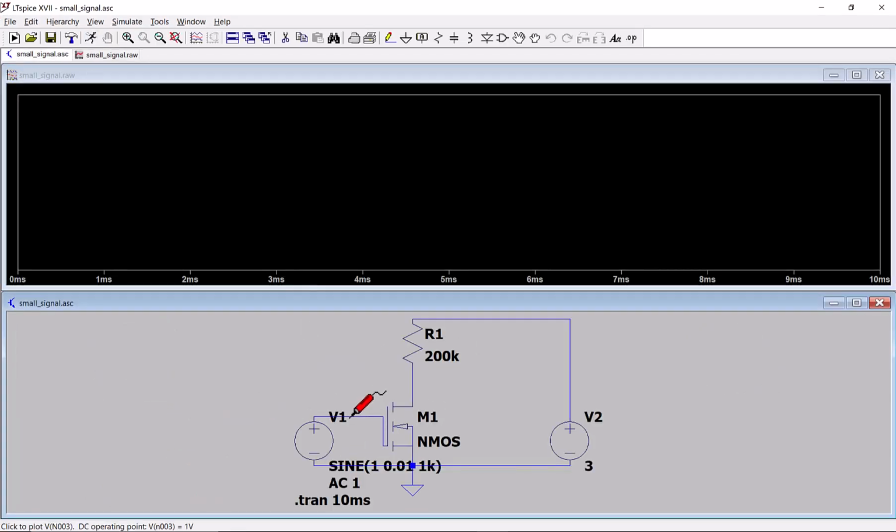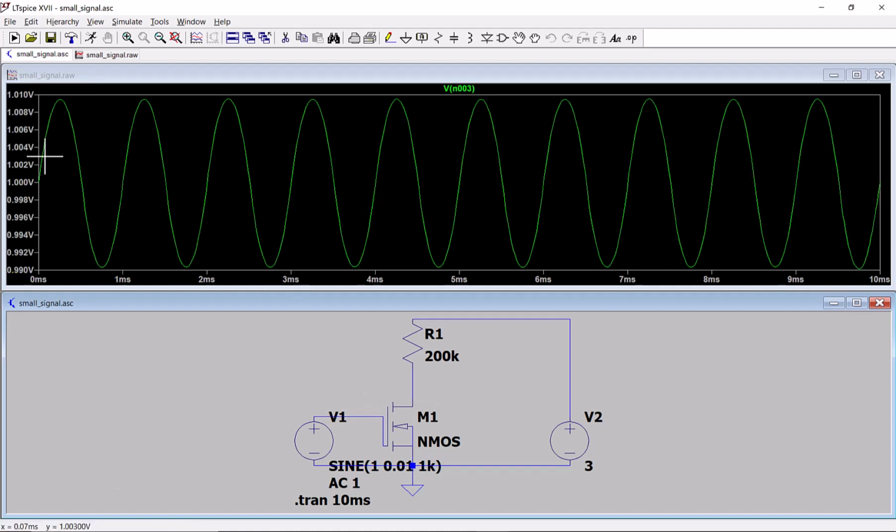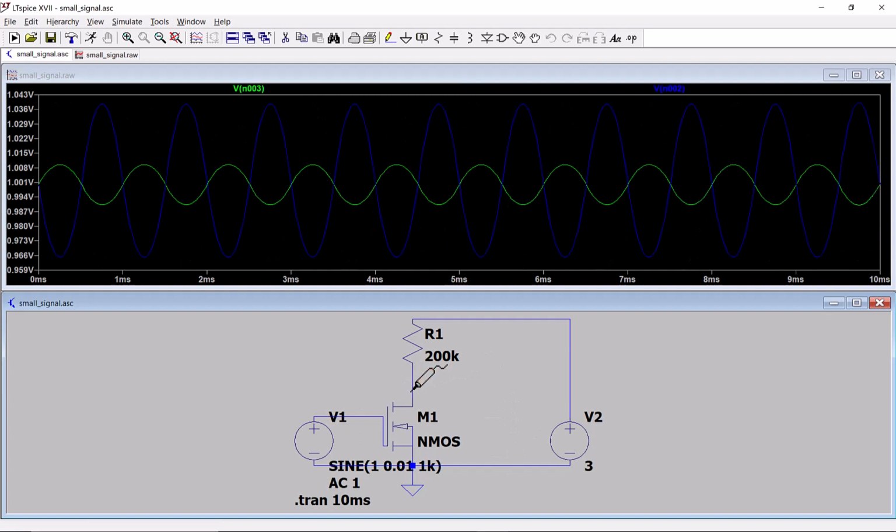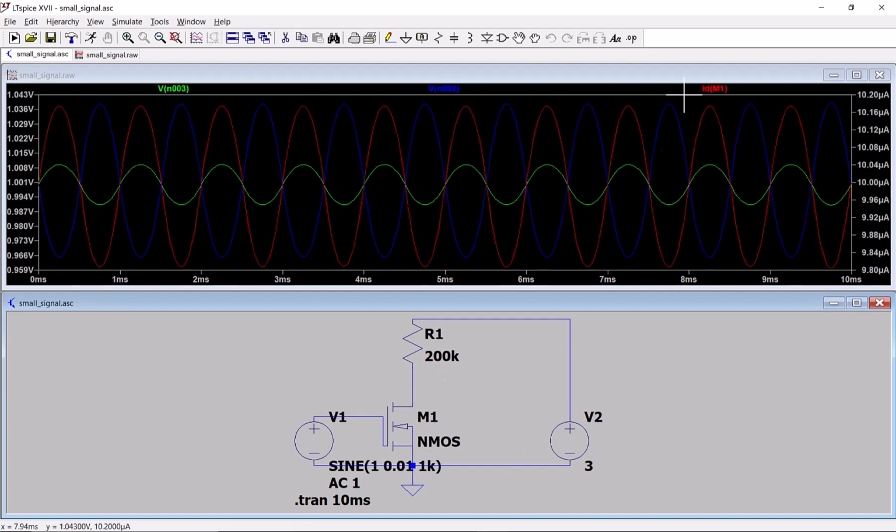If I try to probe the input, do you see that I do have a small signal, but it oscillates about 1 volt. That is what it is doing, right? But when we do small signal analysis, we will say, oh, my input signal is 10 millivolt. But in reality, it is 10 millivolt added on top of the DC bias. How about the current? Yeah, this is voltage, right?